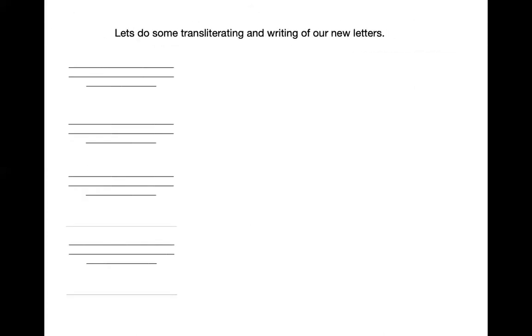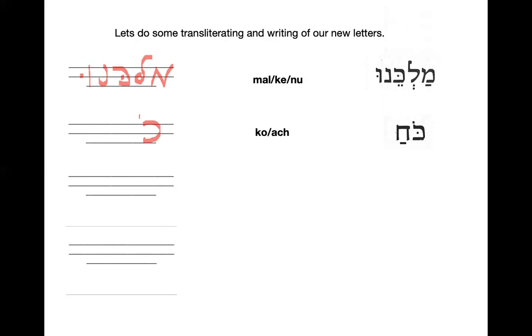So now we're going to do some transliterating and writing of our new letters. The first word is malkenu. Mal, k, nu. Malkenu. Next word, koach. This one does not have a cholam, just has a little dot at the top that tells you that's an O sound. Next word, baruch.